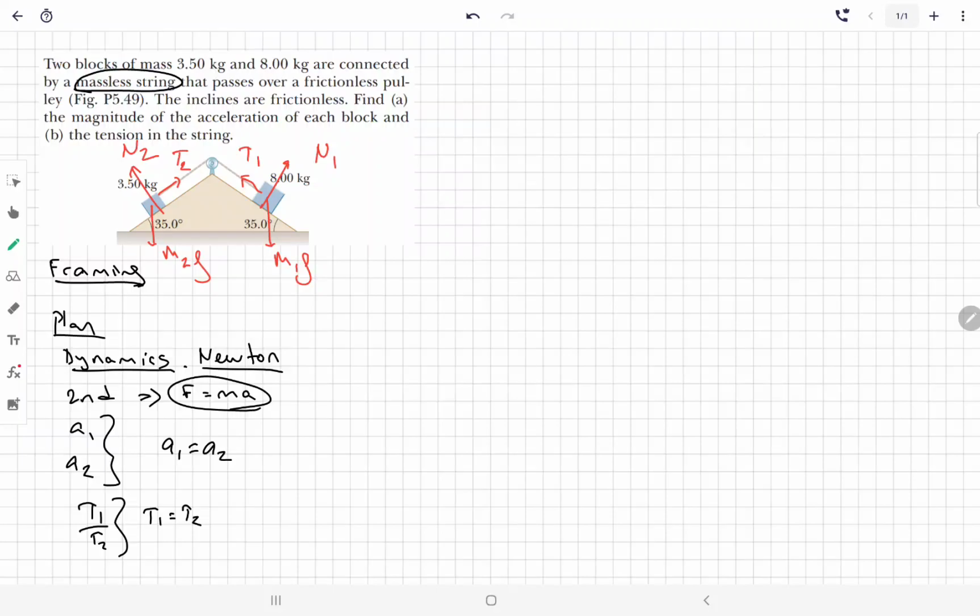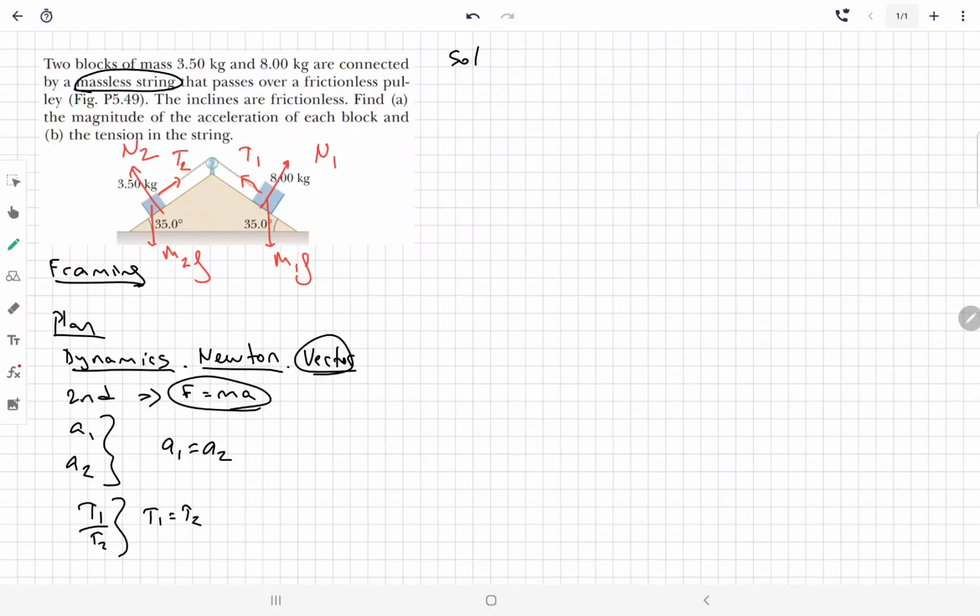What else can we say about this problem? Free body diagram, we already did it in the previous part. That's all basically. Since these are forces, we can use vector methods, components, etc.